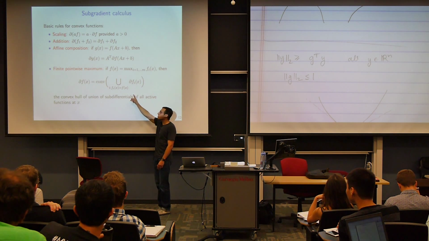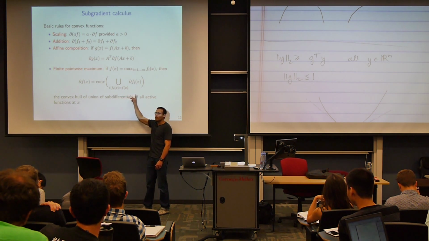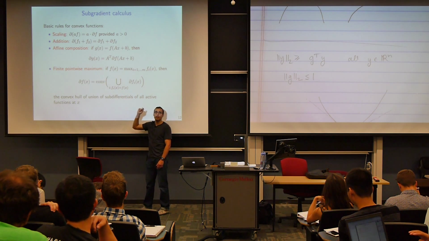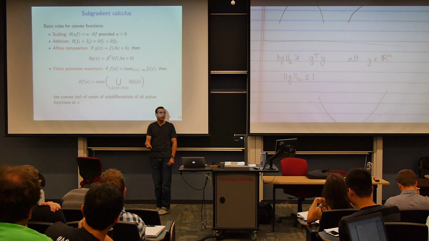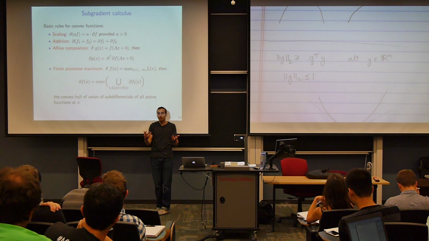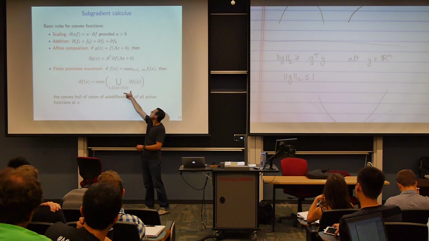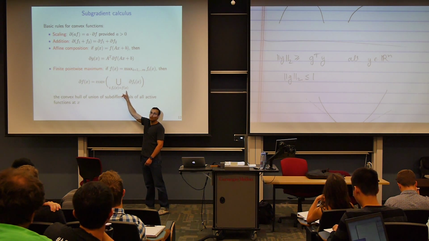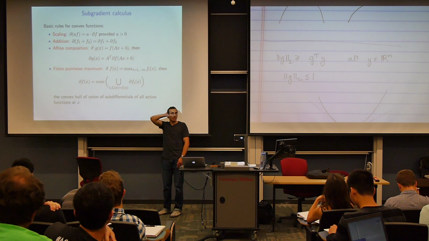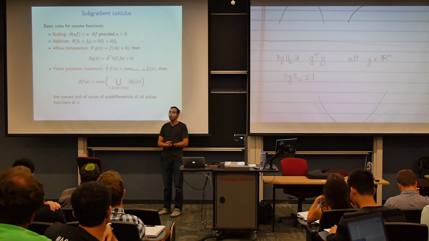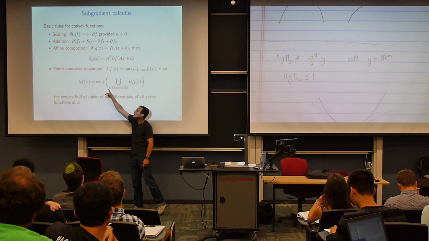So once you see an expression like this, it's helpful to remember that the set of subgradients we learned, the subdifferential, is always a convex set. That means if I told you the subgradients look like this, a union of subgradients of active functions, you should tell me, well, that set's not convex, and we know subdifferentials are convex, so it has to be at least the convex hull of that set.